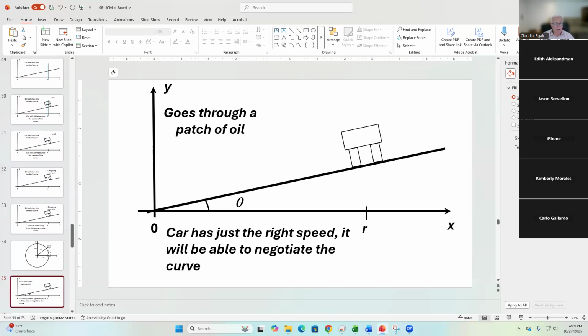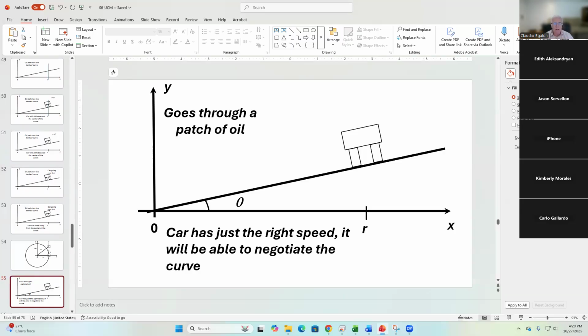Well, what does that make us suspect? That if the car at rest slides towards the center, and if the car going too fast slides away from the center, there must be a right speed that the car will have that will allow it to negotiate the curve.